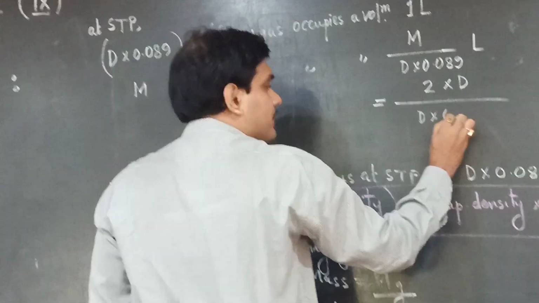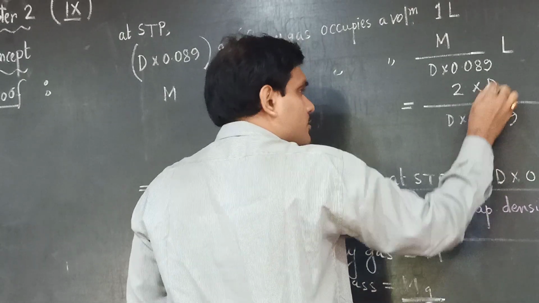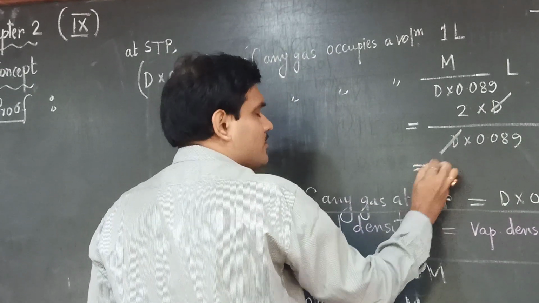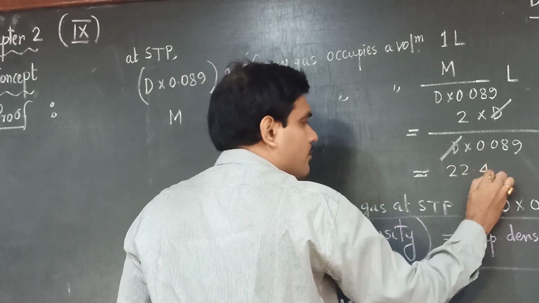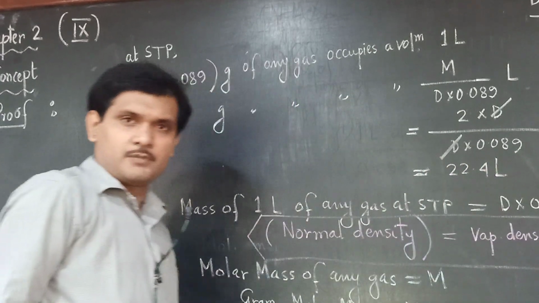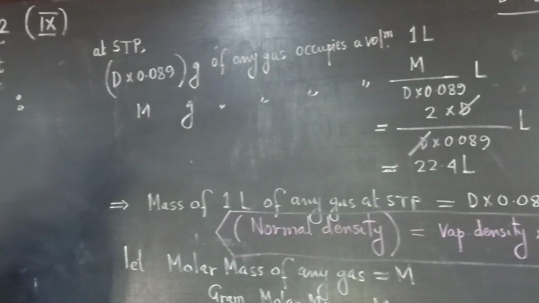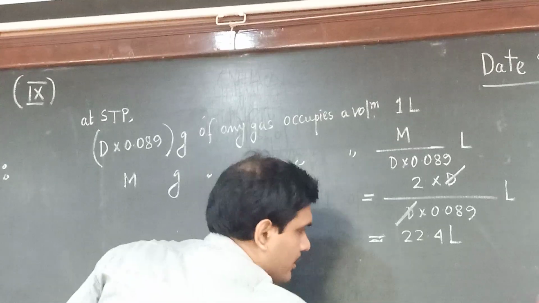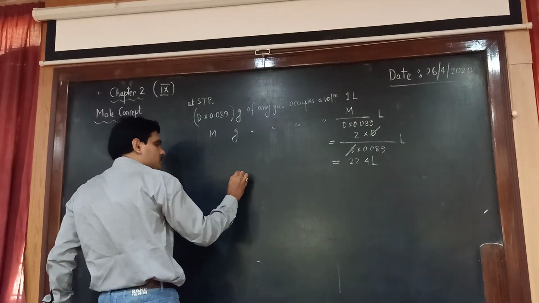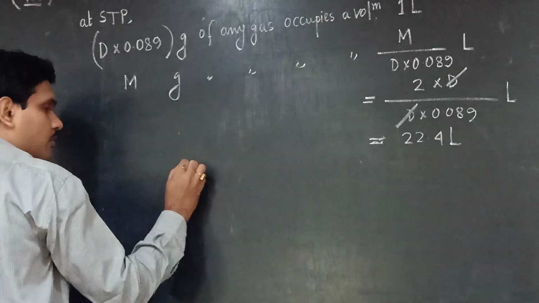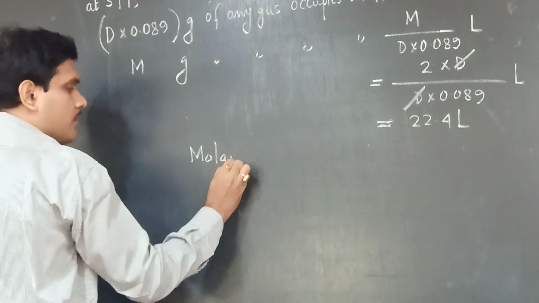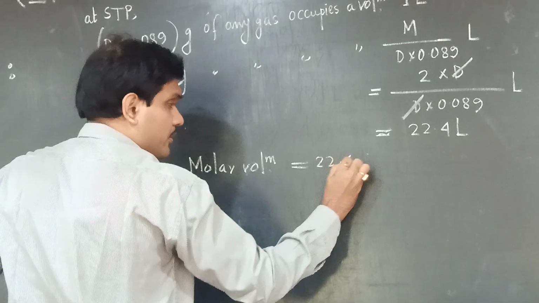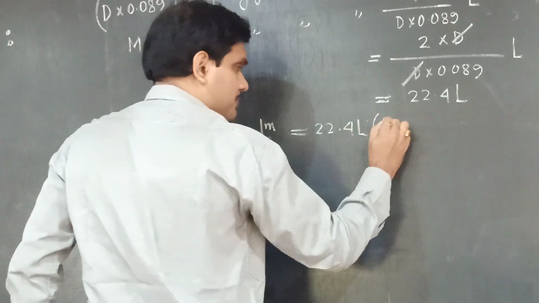The D cancels, and if we find out approximately, this value will be 22.4 liters. So the molar volume is equal to 22.4 liter at STP. This is our conclusion.